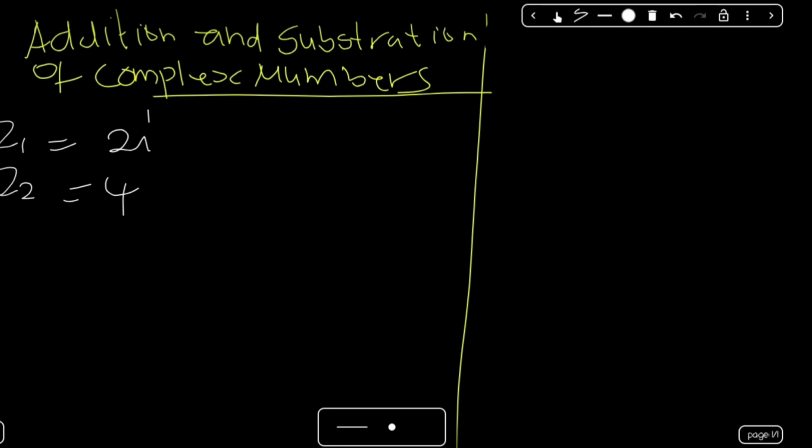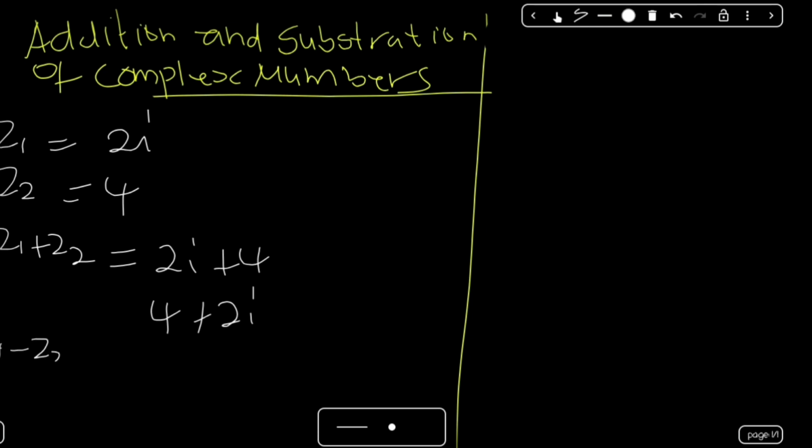So if you are being asked to find z1 plus z2 becomes 2i plus 4, which is the same as 4 plus 2i. The same way, if you're asked to find z1 minus z2 becomes 2i minus 4, which is the same as negative 4 plus 2i.